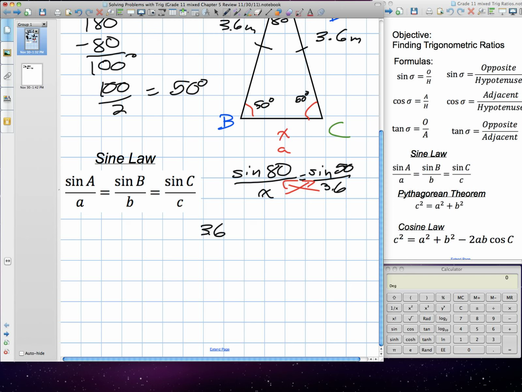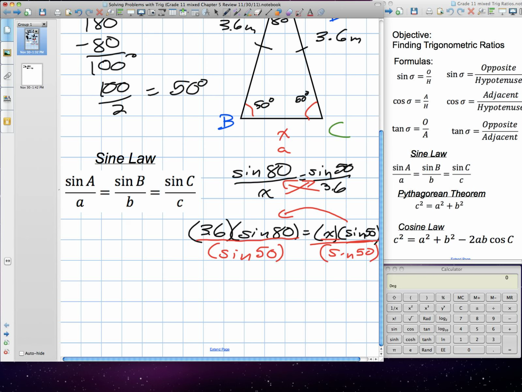So we have 3.6 multiplied by sine 80 is equal to X times sine 50. Okay. Now that we've done that, we've got to remember what our goal is. Our goal is to isolate X. So I want to move sine 50 to the other side, which means I have to divide each side by sine 50.